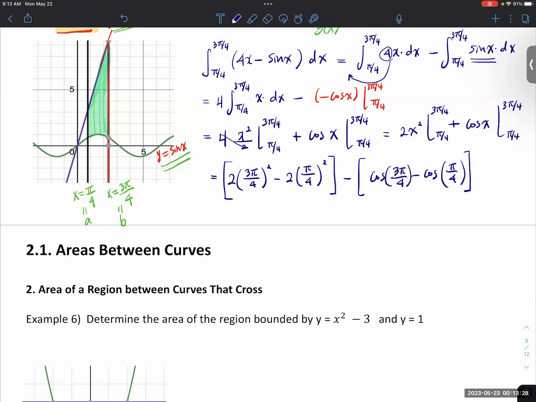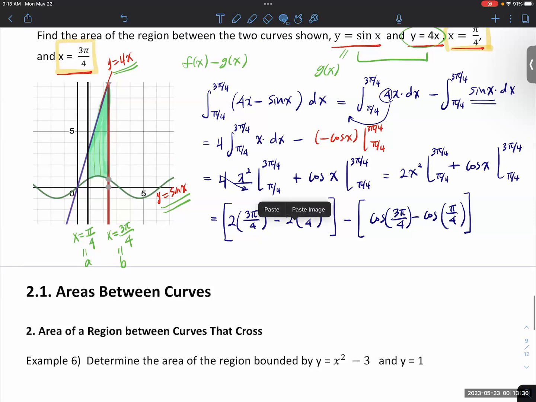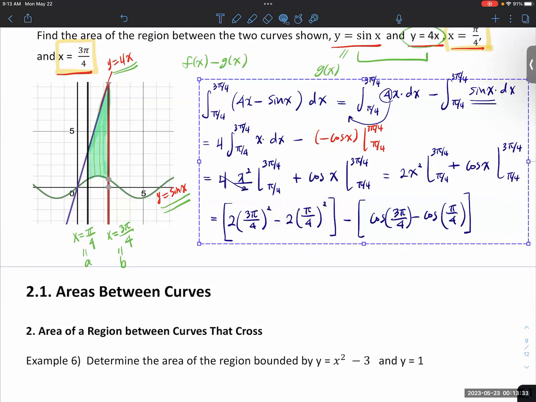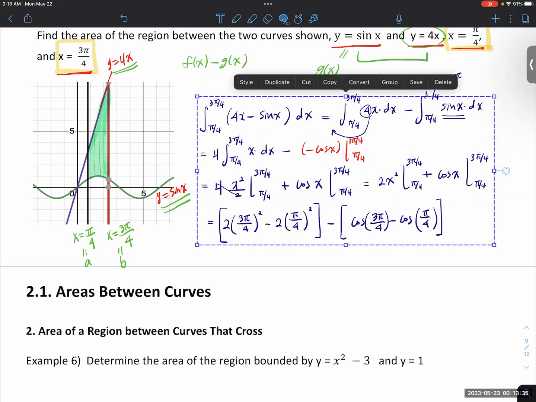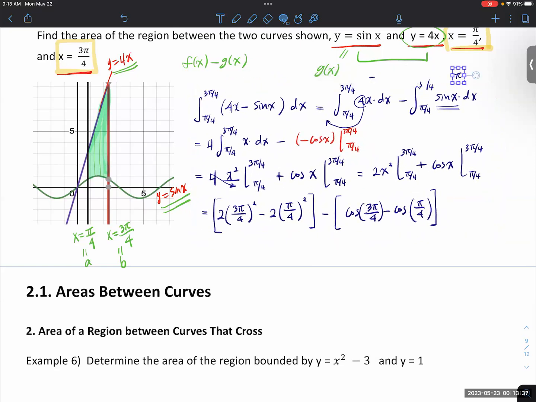So now you're going to keep simplifying. Actually, let me rewrite it. There's a 3 pi, so this one is 2 times 9 pi squared over 16, minus 2 times pi squared over 16.